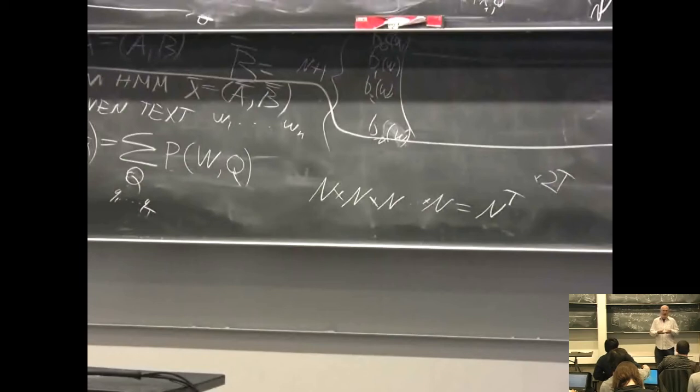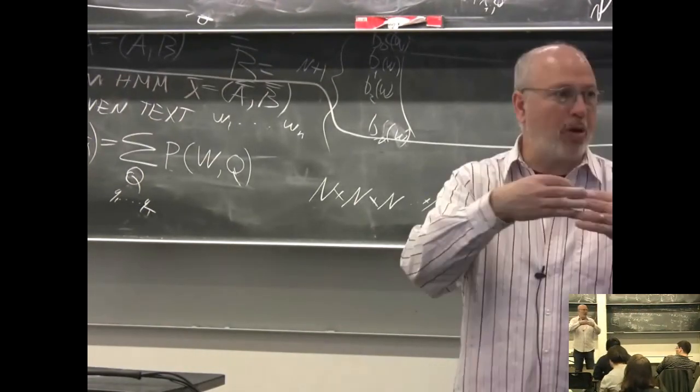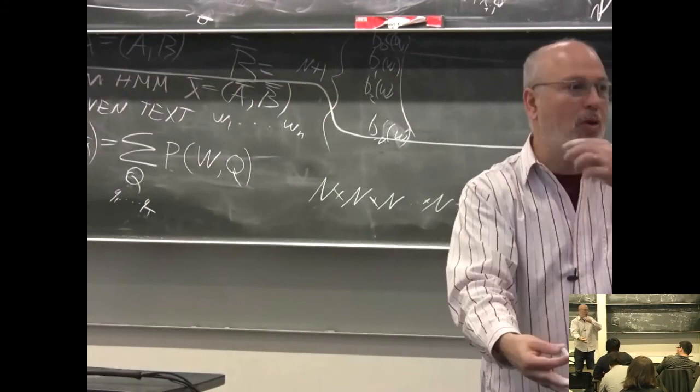The second message is HMMs are fully specified by two sets of probabilities. The transition probabilities that govern the progression, the first order Markov progression of the latent variables, namely the part of speech, and the emission probabilities, which are the conditional probabilities of what you observe conditioned on what latent state you're in.